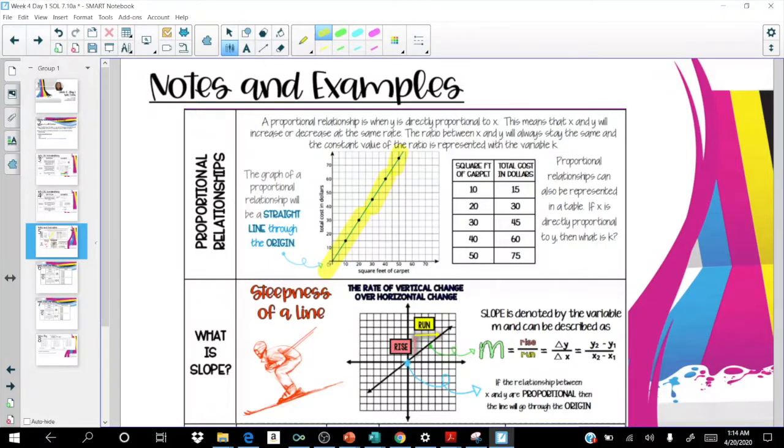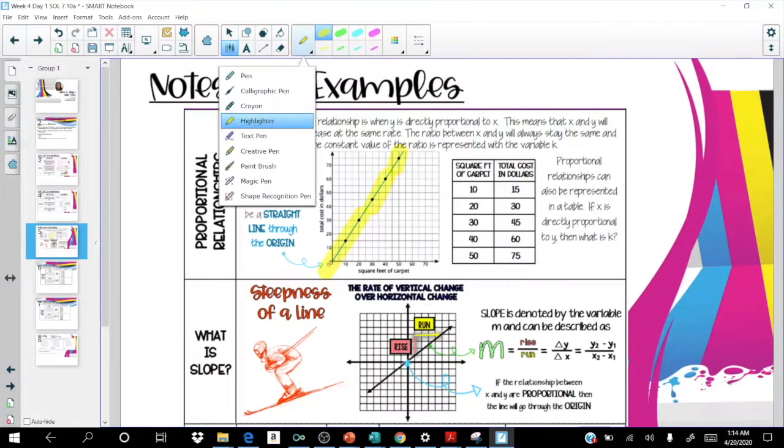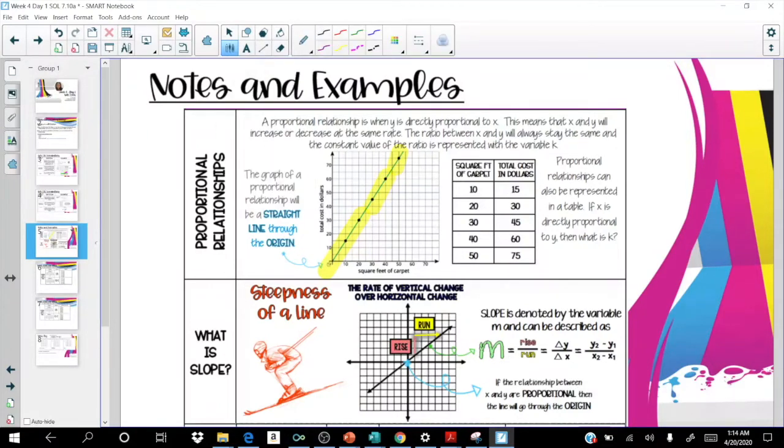Meaning, square feet of carpet versus total cost in dollars. All right, so one is your X and one is Y. So if X is directly proportional to Y, then what is K?